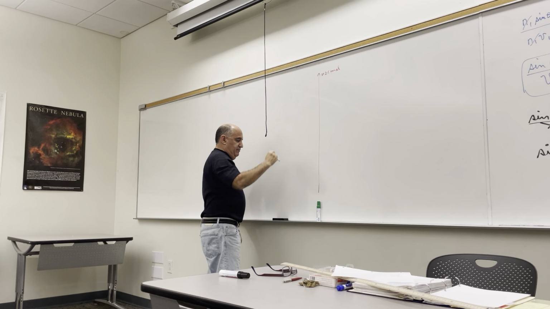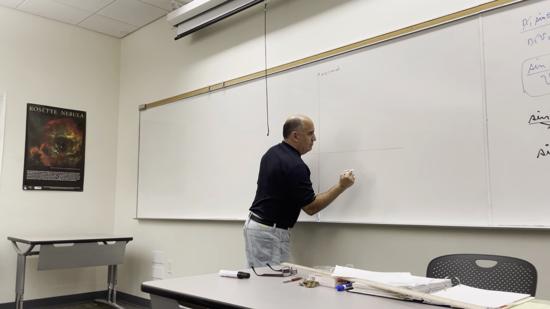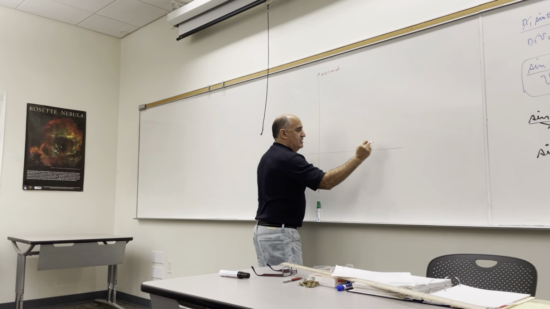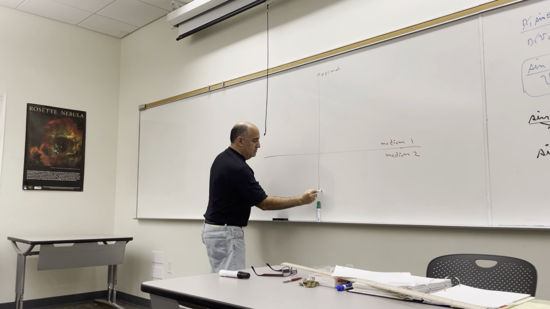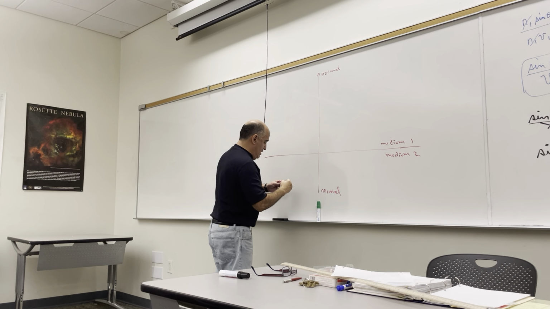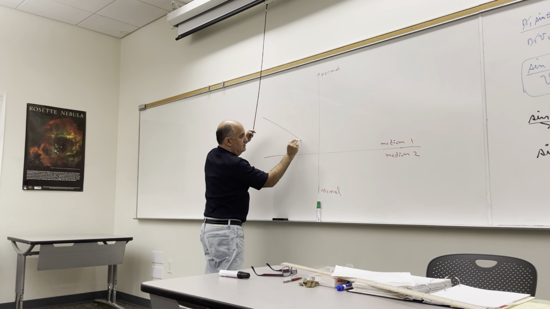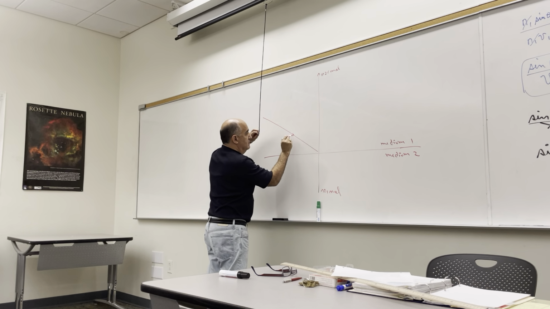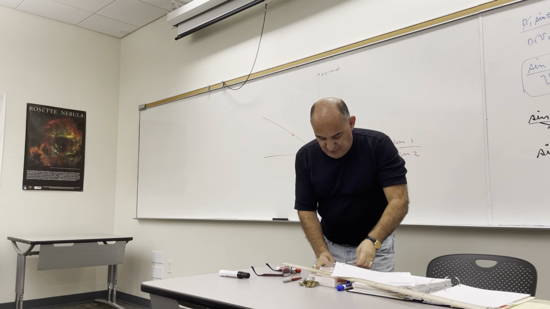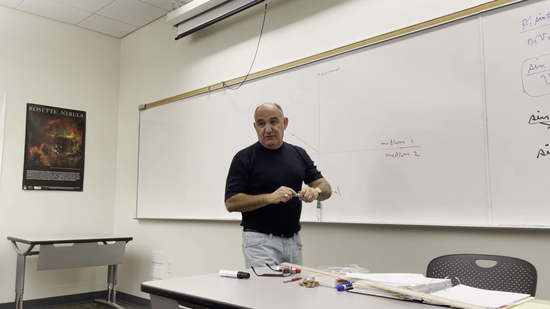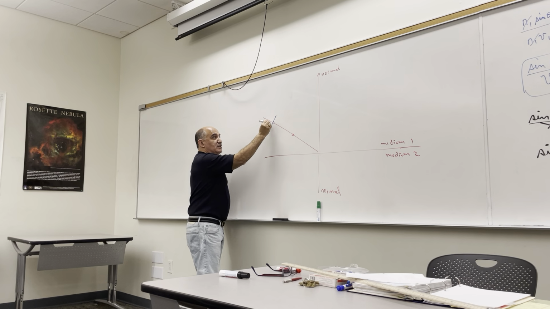I shoot a beam, and this is the boundary, medium 1, medium 2. I'm bringing this to here, so that's the normal, right? And I'm drawing the light wave coming in like this. So the electric field has to be perpendicular to that line. Correct? So the electric field could be oscillating like this. That's perpendicular to that. The electric field could be oscillating into and out of the board.